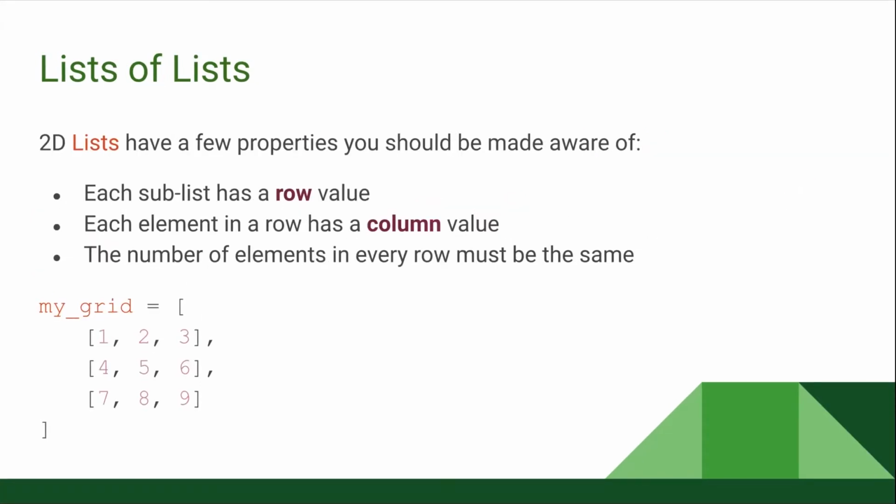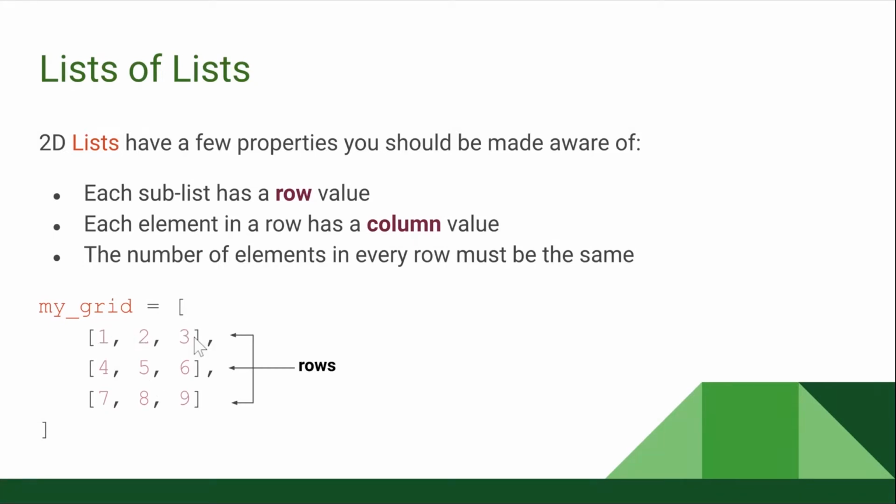So there's a couple of properties that you're going to need to know about 2D lists that are special about them. First, each of the sublists within the overall 2D list, those are called our rows. It is the common name for them. Those are the rows of the grid.